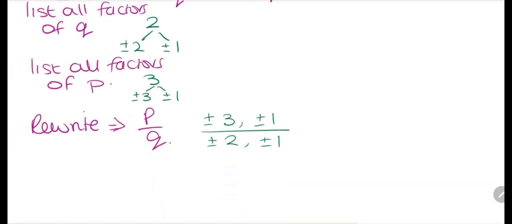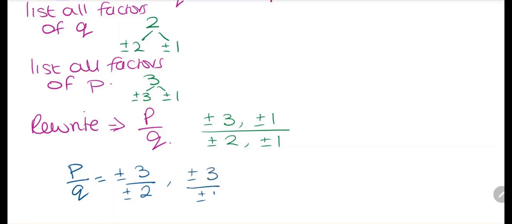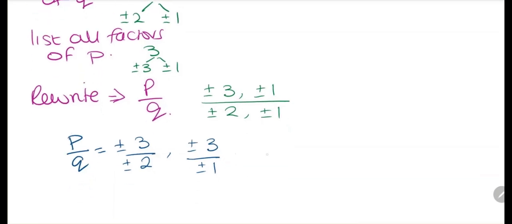So p divided by q, we could have plus or minus 3 divided by plus or minus 2, and we could have plus or minus 3 divided by plus or minus 1. So this will be plus or minus 3 over 2, or we'll have plus or minus 3.